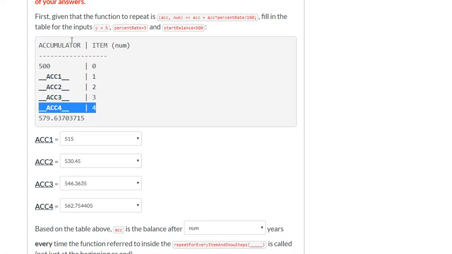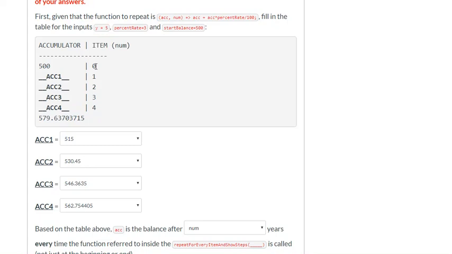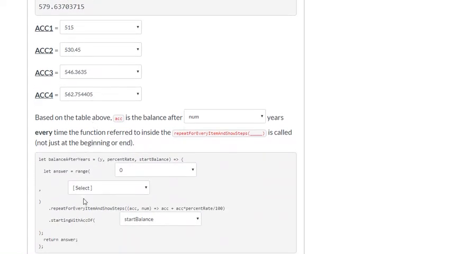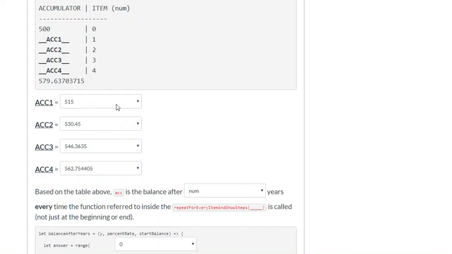So in general, whatever y is, since we're starting at 0 and not 1, we would want to go to y minus 1. But remember, the way the range works is you don't actually go up to the number that you want. Range is going to stop 1 before. So if you want to go up to 4, you're going to have to put in 5.